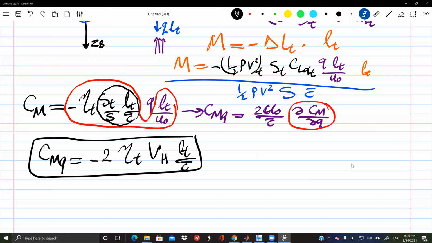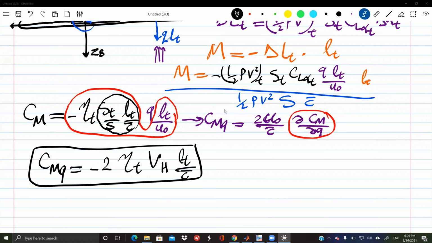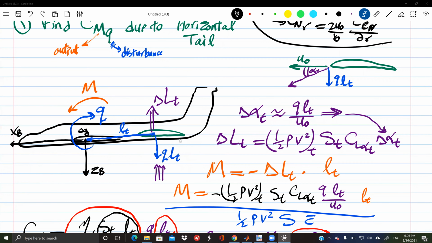There was a question in the chat about the subscript T for the dynamic pressure, 1/2 rho V squared. See here, it's in the N equation. This is the lift on the horizontal tail, so it's the dynamic pressure at the horizontal tail.